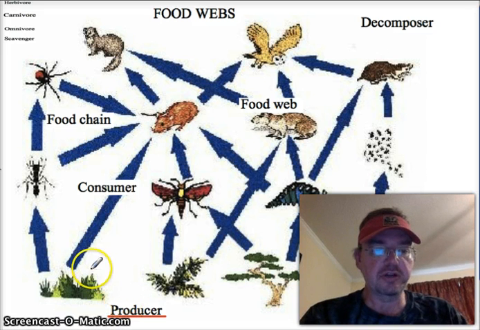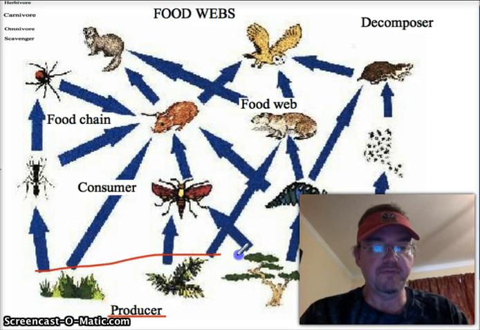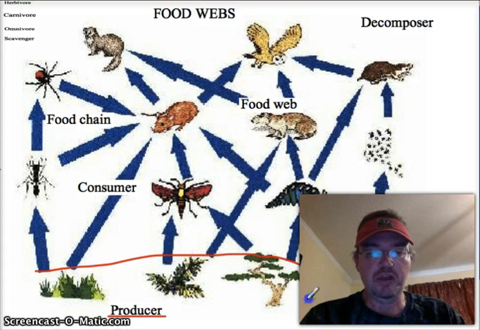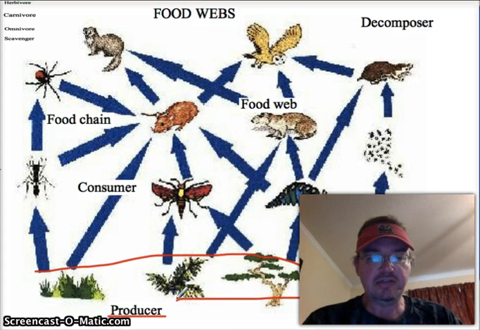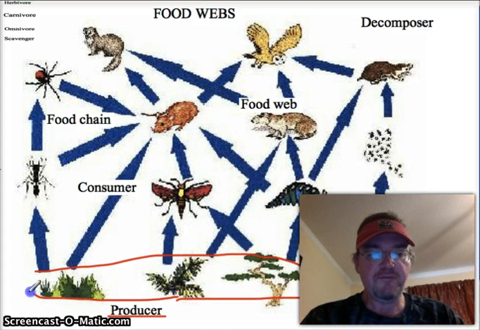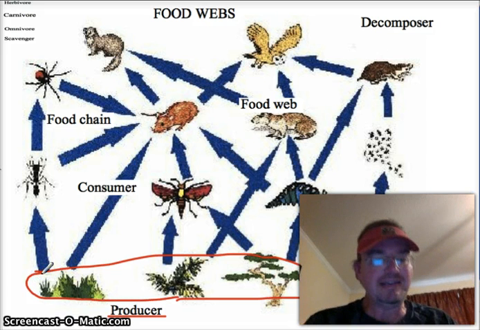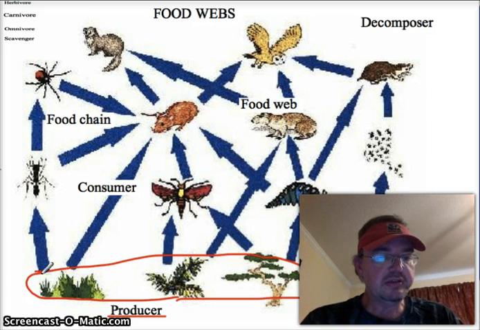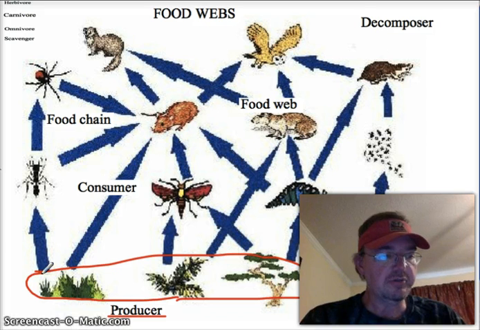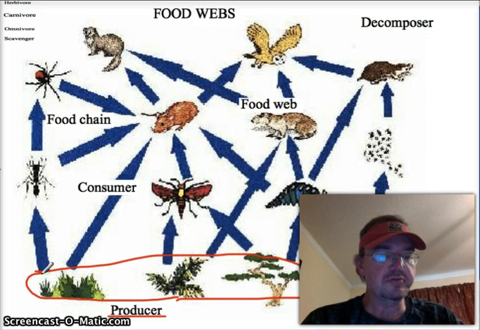And the producers are going to be down here on the bottom of the food chains and food webs. All these plants, trees, bushes can have photosynthesis, which makes their own food. So by definition, all of those organisms are going to be producers.